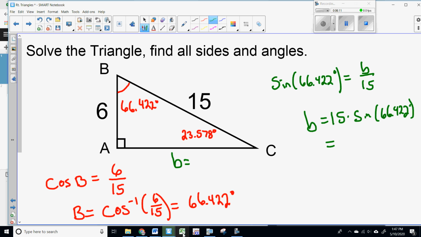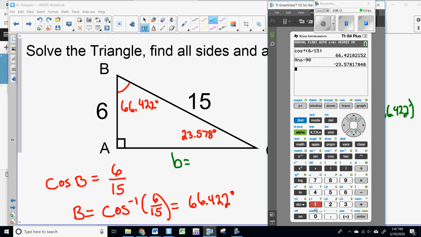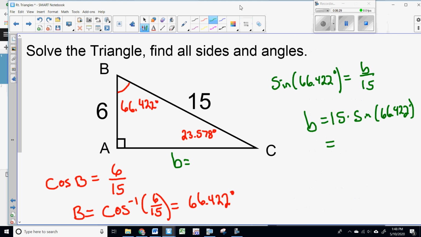If I put that in the calculator, 15 sine of 66.422, I get 13.748. So my B is 13.748.